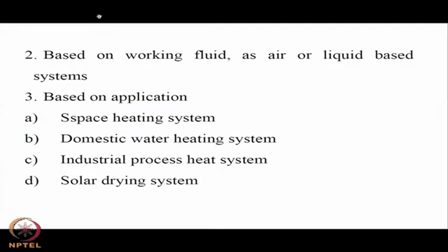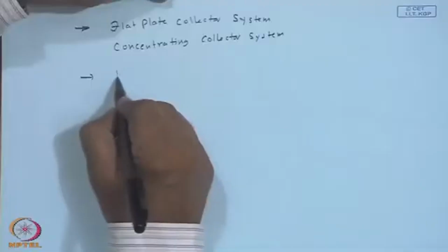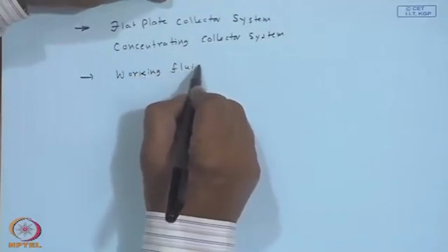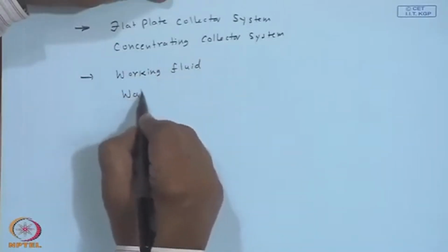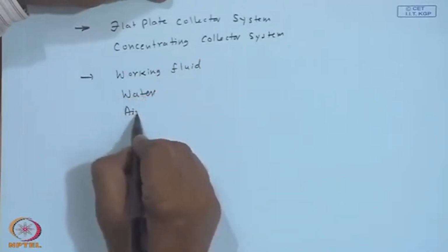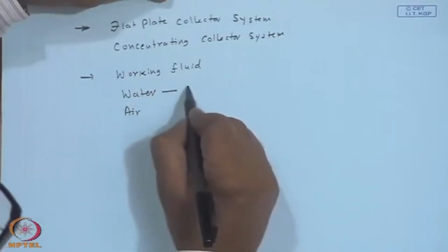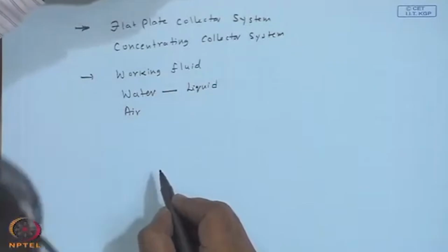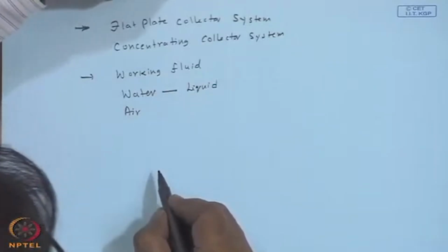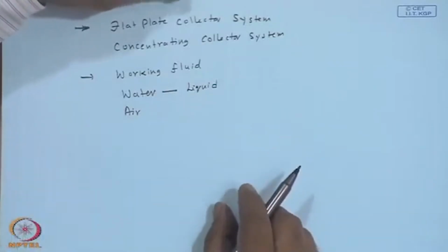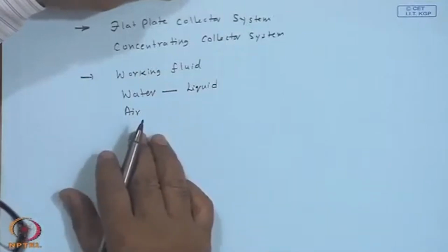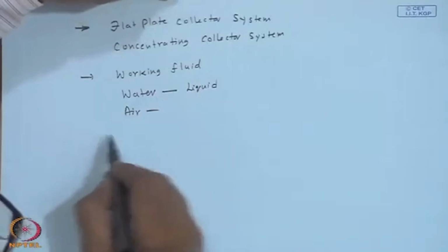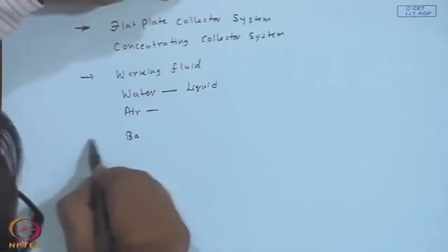Then it could be based upon the working fluid, usually water or air. Instead of water, it can be a liquid for certain advantages like antifreeze or even high thermal capacity fluids, and generally gases are not heated, most of the time it is only the air. And you may call it based on application.